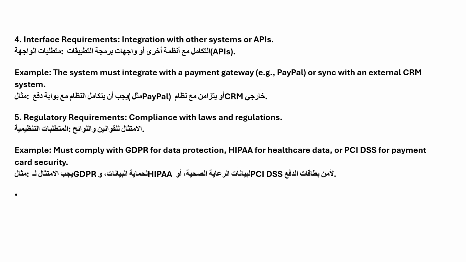The fifth is regulatory requirements. These are compliance with laws and regulations. Sometimes there are rules and regulations from the government or from domains like the medical domain, etc. For example, the system must comply with GDPR for data protection.